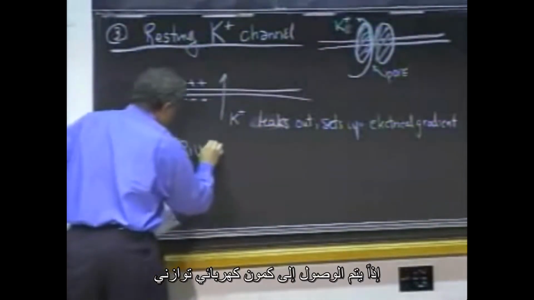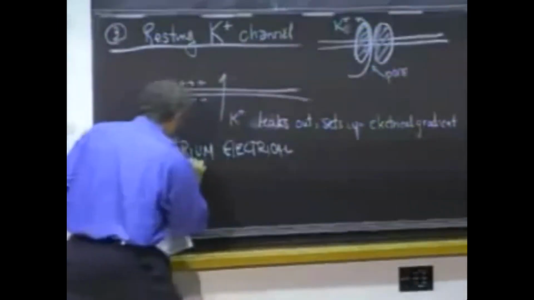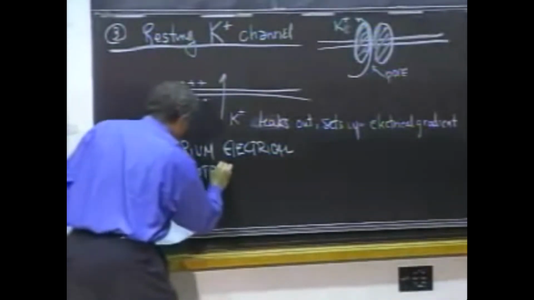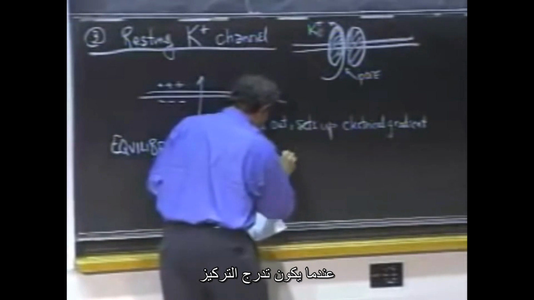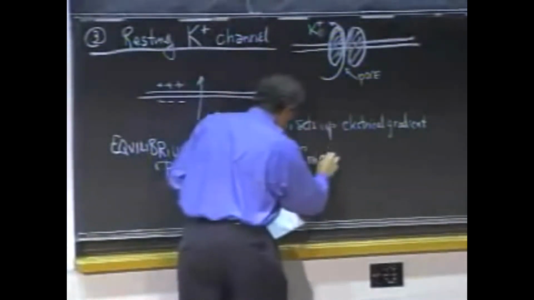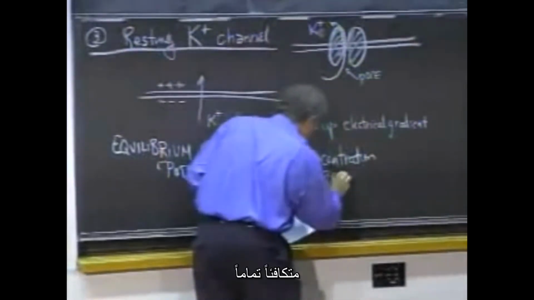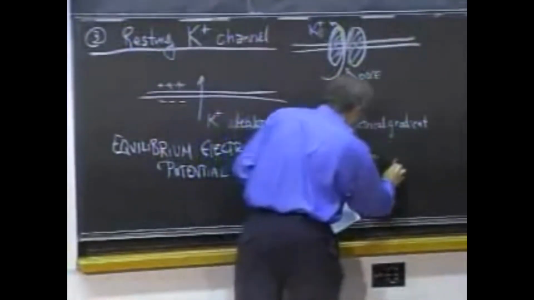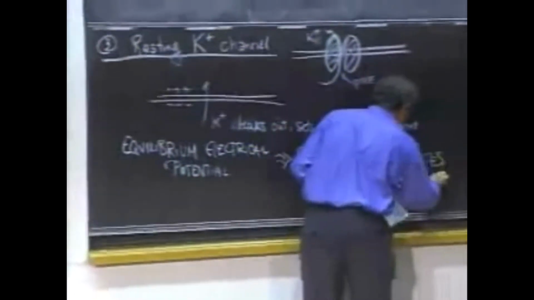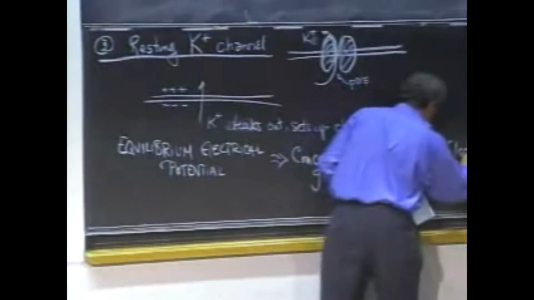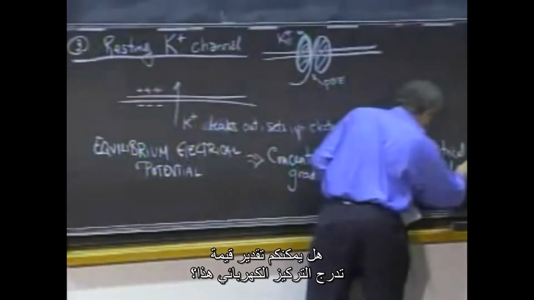So an equilibrium electrical potential is reached when the concentration gradient exactly offsets, when it balances, the electrical gradient. Any guess as to what that electrical gradient is?